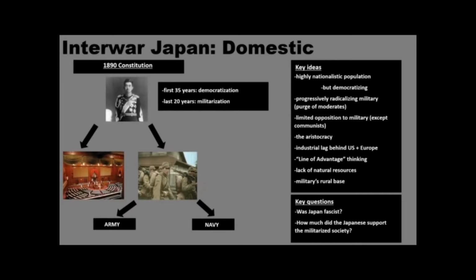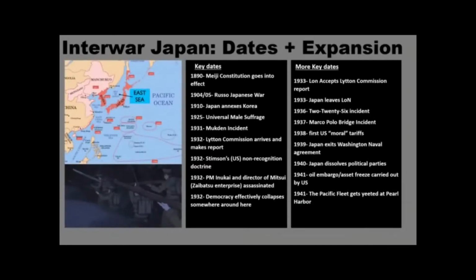But anyway, these radical officers, first of all, they get a lot of sympathy from equally nationalistic but more moderate and rational leaders higher up. But, as they start purging people, they gain more power, and they target both the military and the civilian government. So, we saw their influence in the Mukden Crisis, and in 1932, they effectively assassinated Prime Minister Inukai, and the director of Mitsui, which was one of the biggest Japanese companies at the time.